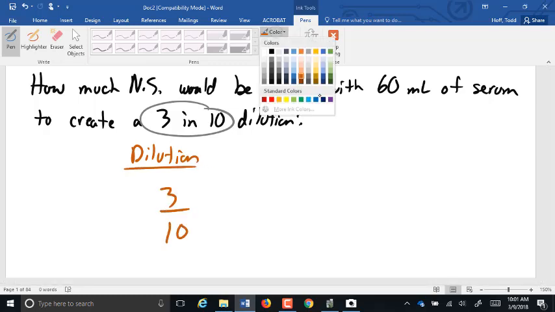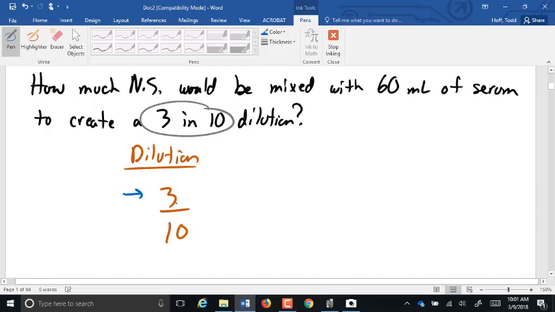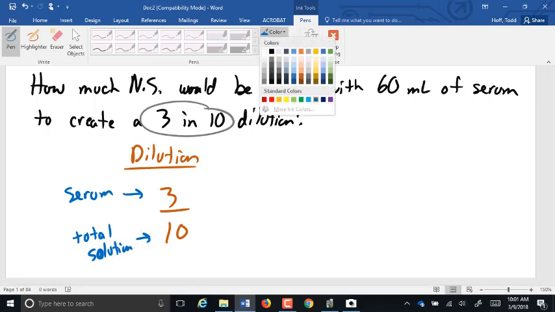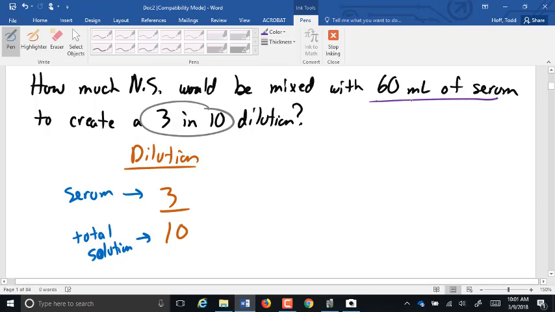Now again, I'm going to label it. The dilution is always the top number, the 3, is the parts of serum. The bottom number, second number, is always the total parts of solution. But what we have in our problem is we have the serum and we're looking for the saline.